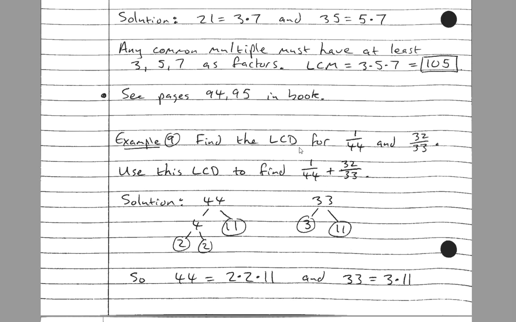Okay, so example 9, find the least common denominator for these two fractions, 1 over 44 and 32 over 33, and use this least common denominator to add those two fractions.